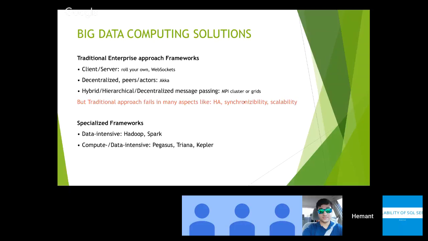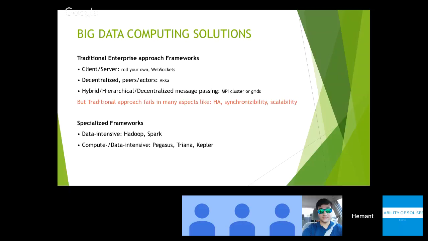But all these traditional approaches fail in many aspects: high availability, synchronization of the tasks distributed among the grids, and scalability. How do you scale? How do you determine when to scale? That is all missing in the traditional enterprise approach.